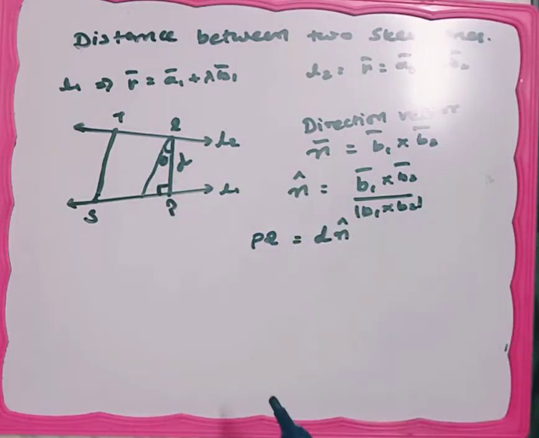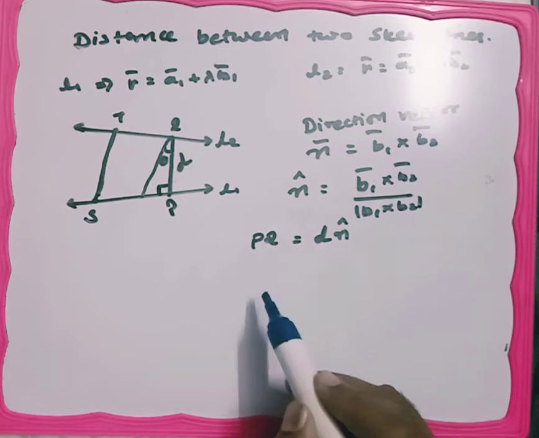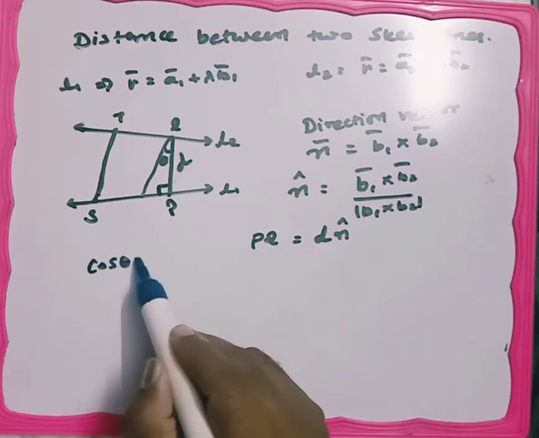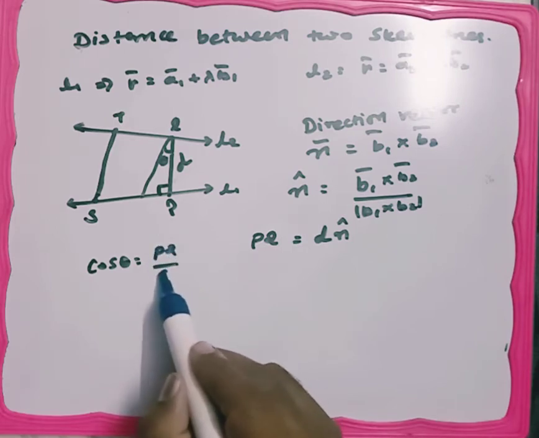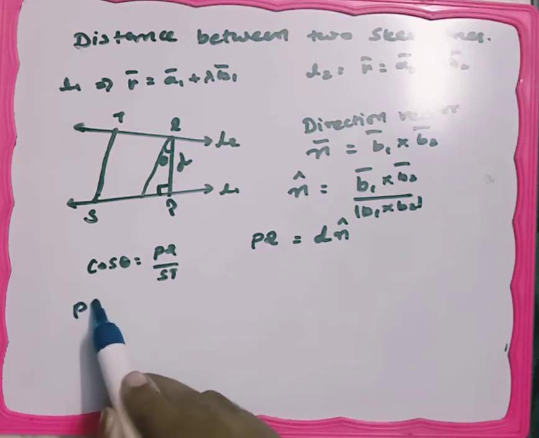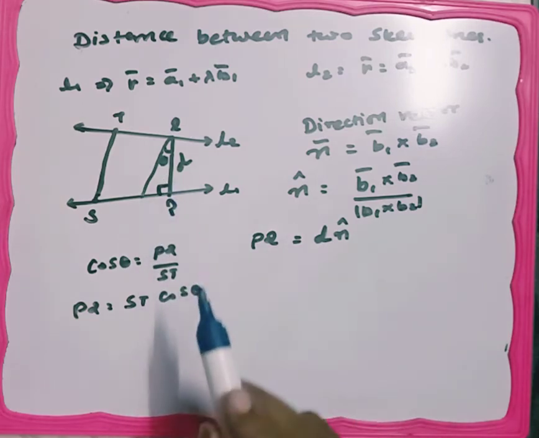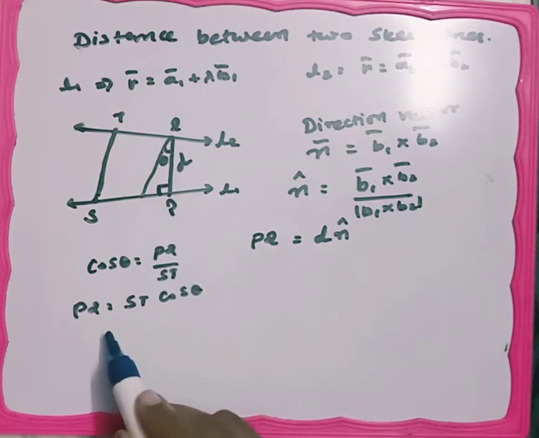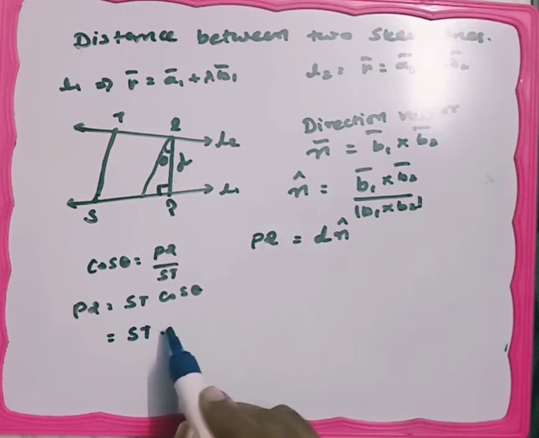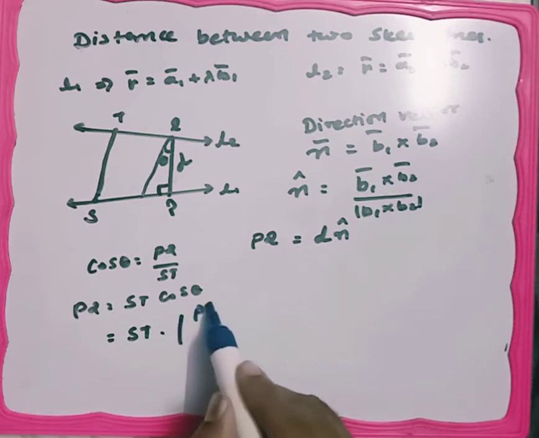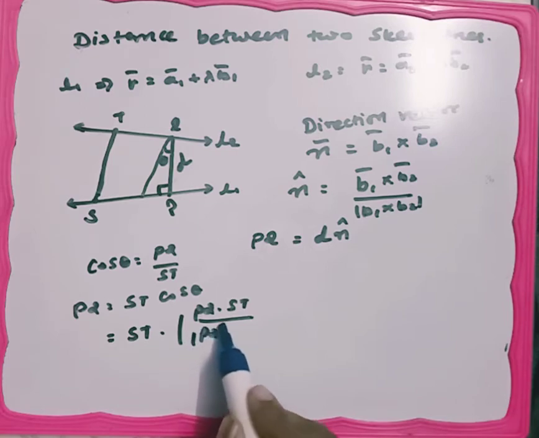Then cos theta will be given by PQ by ST, and so PQ equals ST cos theta. But by the cos theta formula between two vectors, we can take ST into modulus PQ dot ST upon magnitude PQ magnitude ST.